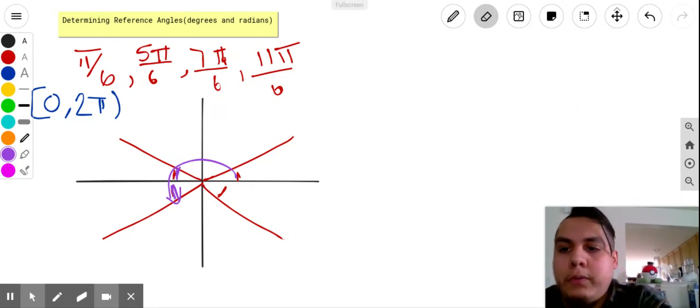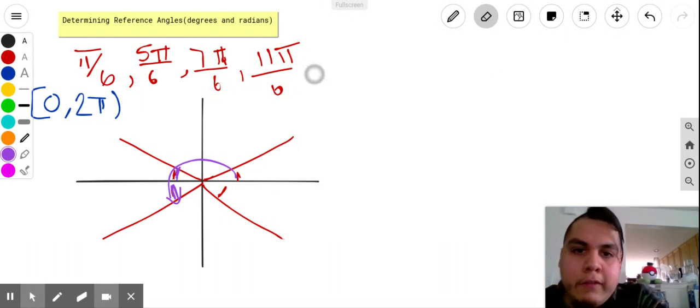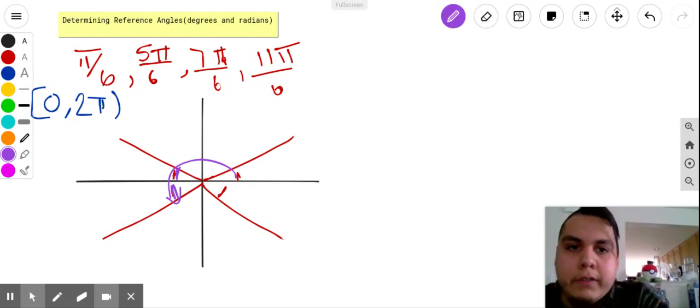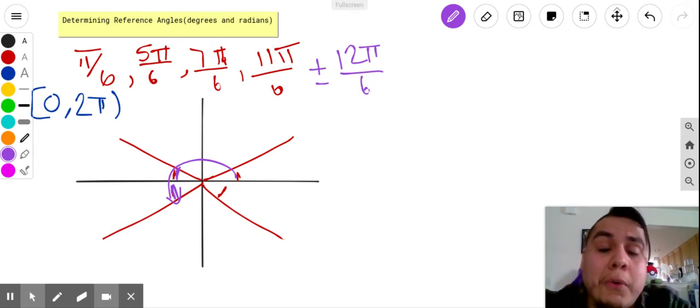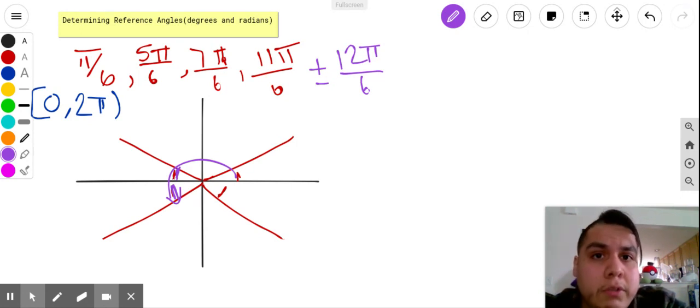So, give or take 12 pi over 6 to each of these should give you a reference angle of pi over 6. And if you don't believe me or you aren't sure, try it out. Take the angles, add or subtract 12 pi over 6. If you get one of these 4 in the red, you have a reference angle of pi over 6.